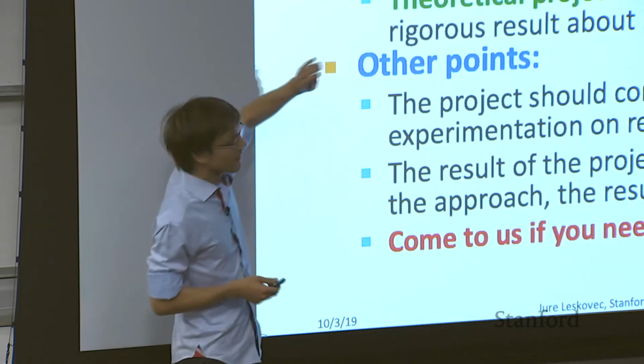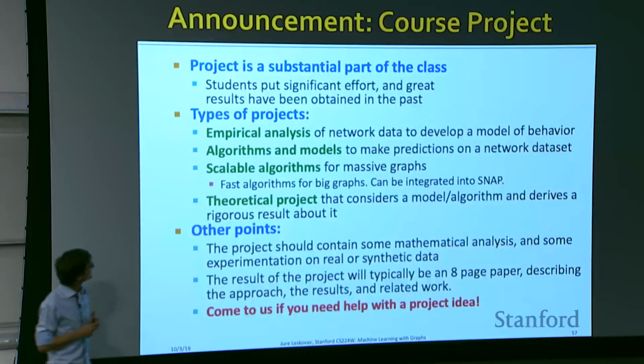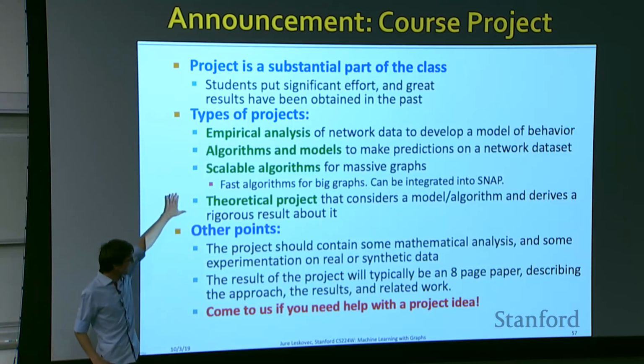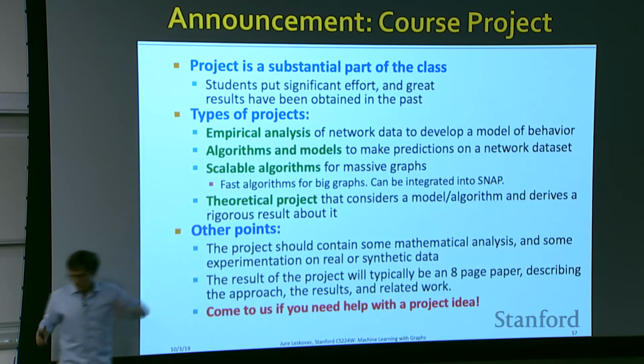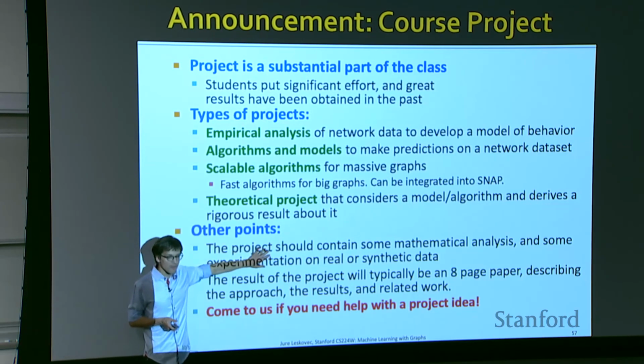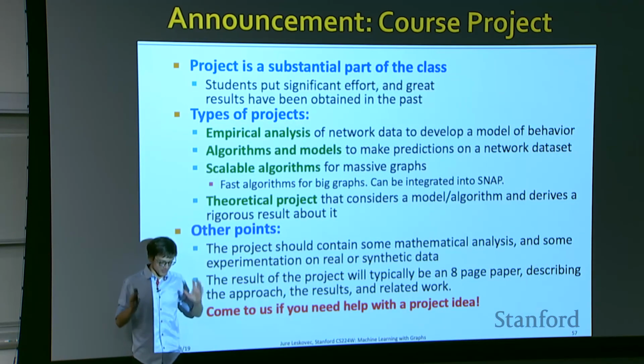So course projects are very important. There are different types of course projects, and students put a big effort into them, and we have a project poster session at the end of the quarter. We have examples on the website of good project proposals, good project milestones, and good project write-ups.